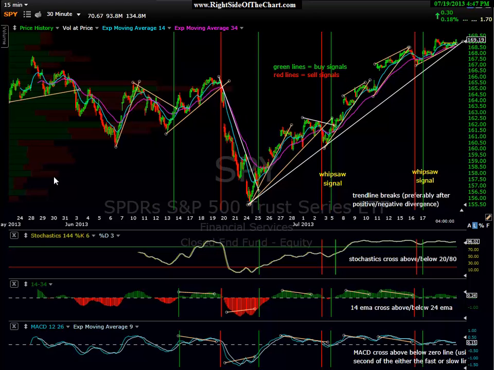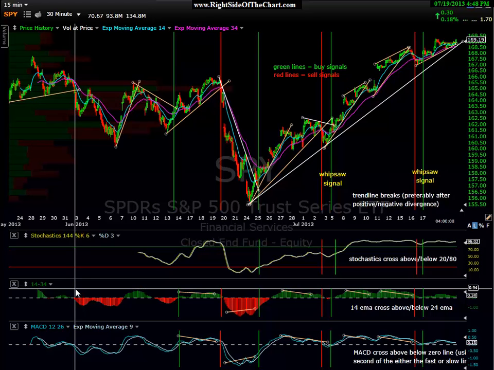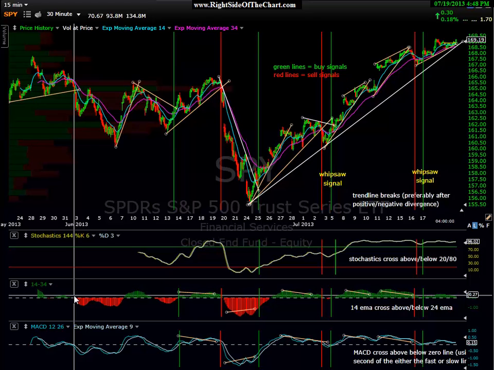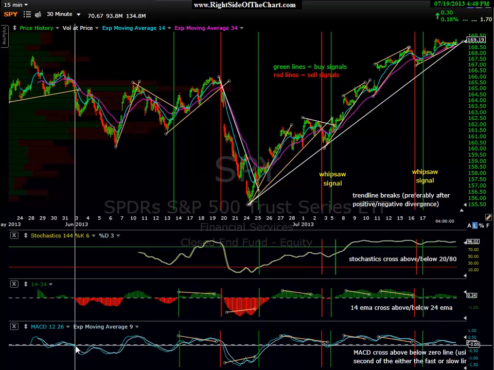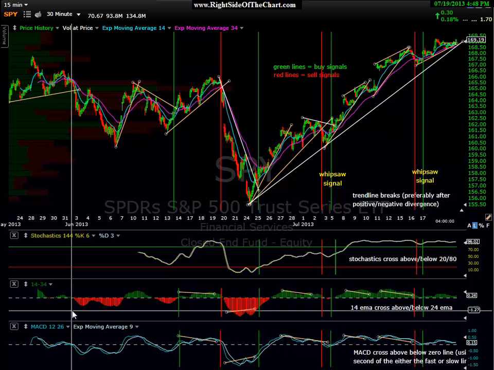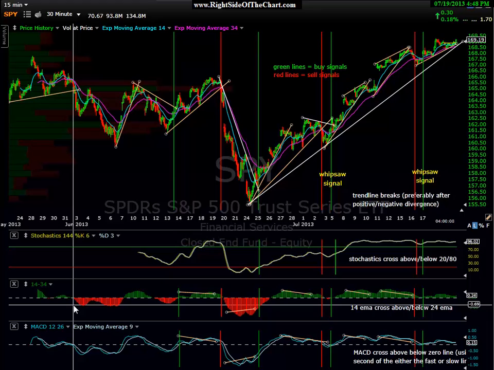And as you can see, let's start over here on the left side of the chart. We had this trend line coming in, and if you follow my cursor down to the bottom, we are looking at a cross down. We had a 1434 cross, as well as the MACD down here. So if you look at the vertical line, we had a sell signal given on the MACD, a sell signal given on the 1434.